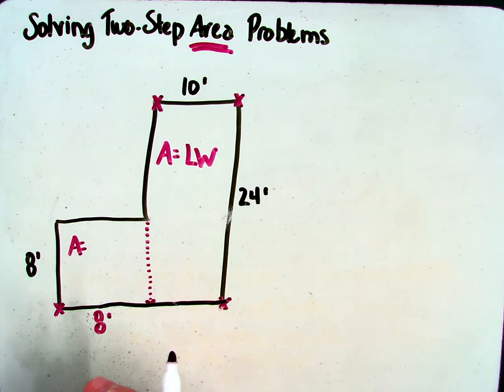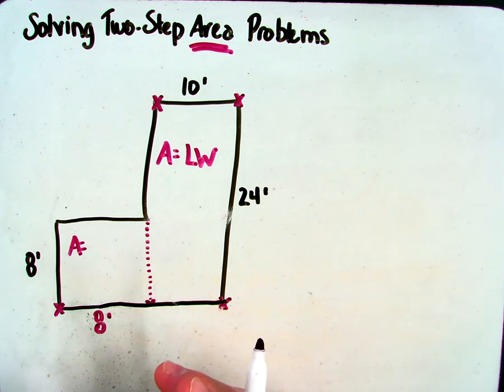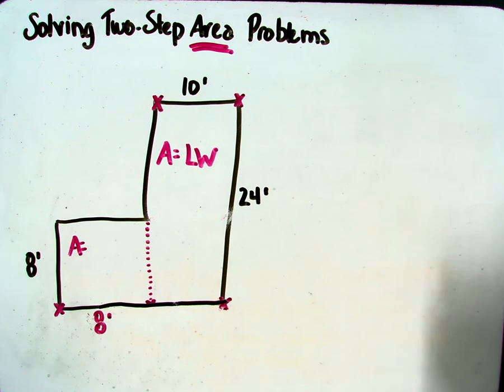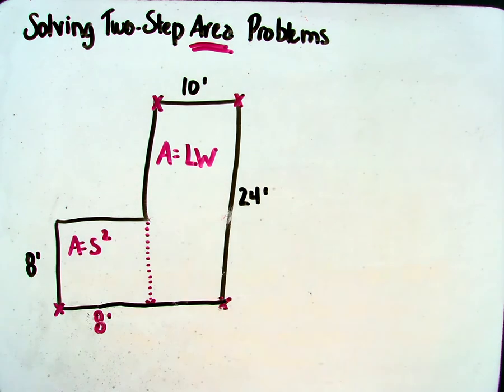Well, since a square is a rectangle, we can multiply length times width. But the formula to find the area of a square is what? Yes, it is side squared. Now all we do is input our numbers.